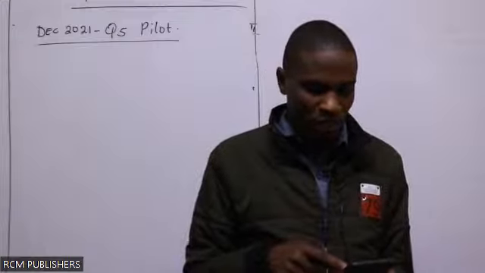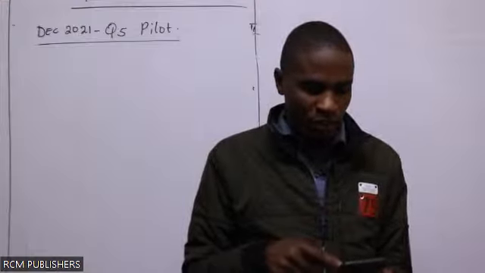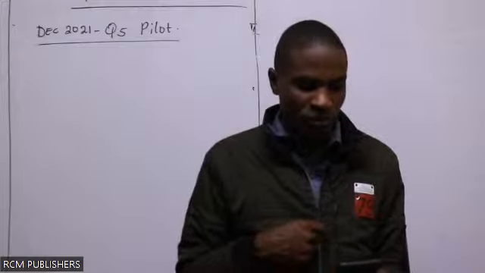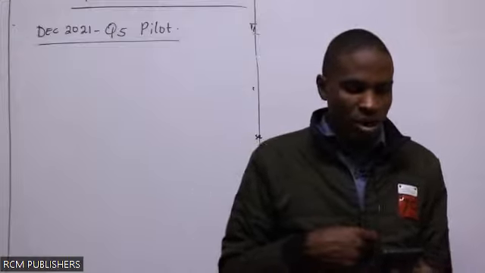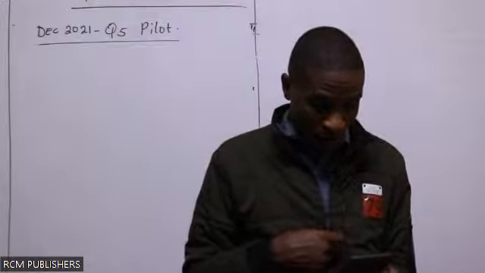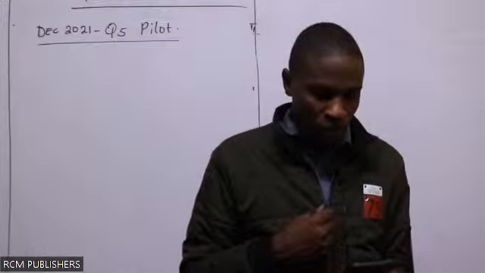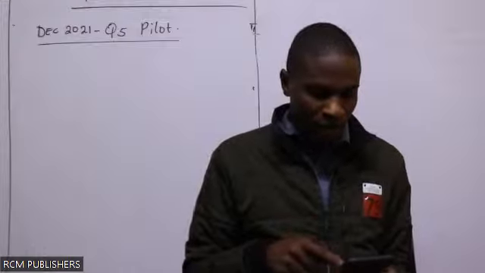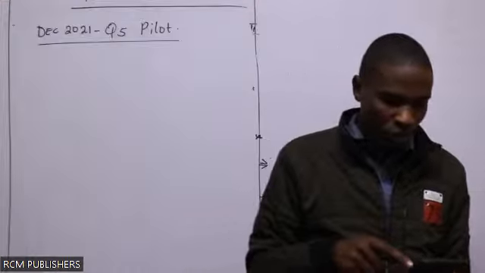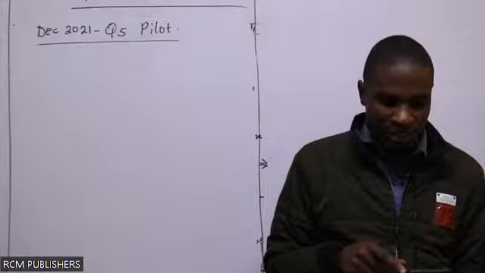Statement of financial position 2020 and 2021: non-current assets, property, plant and equipment; current assets, inventory, receivables, bank, then total assets. Capital, share capital, retained earnings, non-current liabilities, current liabilities, total liabilities, and total capital and liabilities.